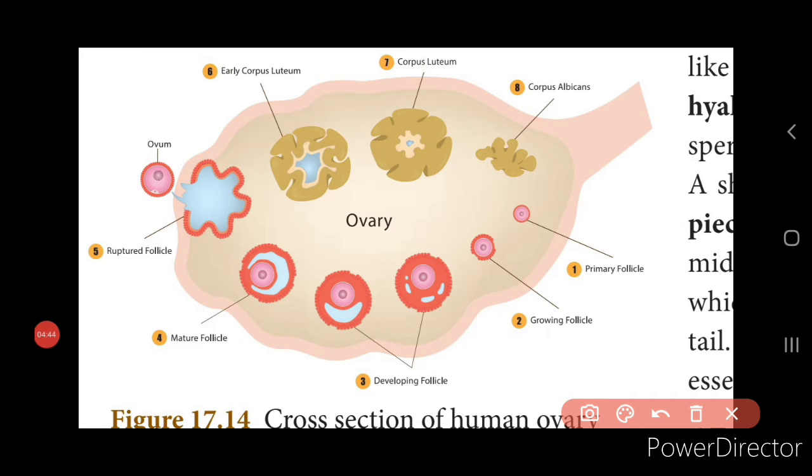Next is the female reproductive organ, that is the structure of the ovary. Here you can see the cross section of the human ovary. An ovary is located on either side of the abdomen, and you can see two almond shaped bodies on either side.